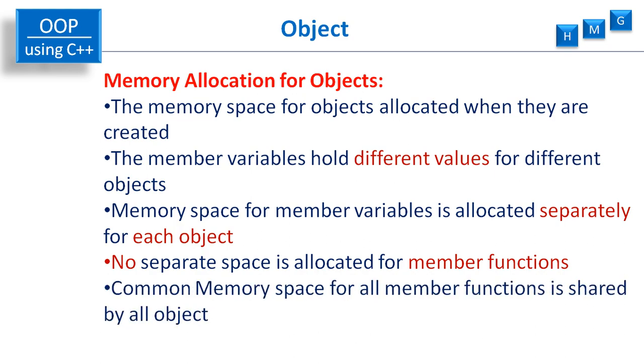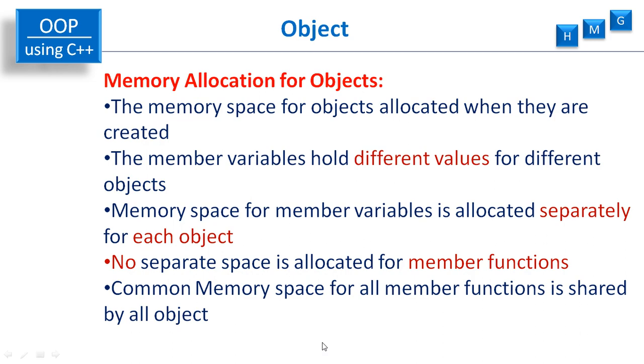So in a class, if there are two member functions, these two member functions will be available in the memory, and they are commonly shared by the multiple objects. So the objects have memory for variables separately for each object, but for member functions there is no separate memory. It is commonly shared by all objects.